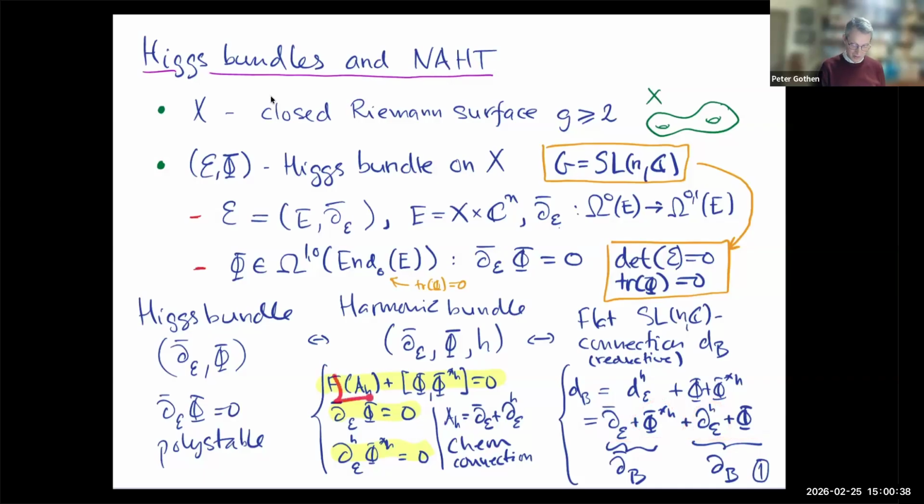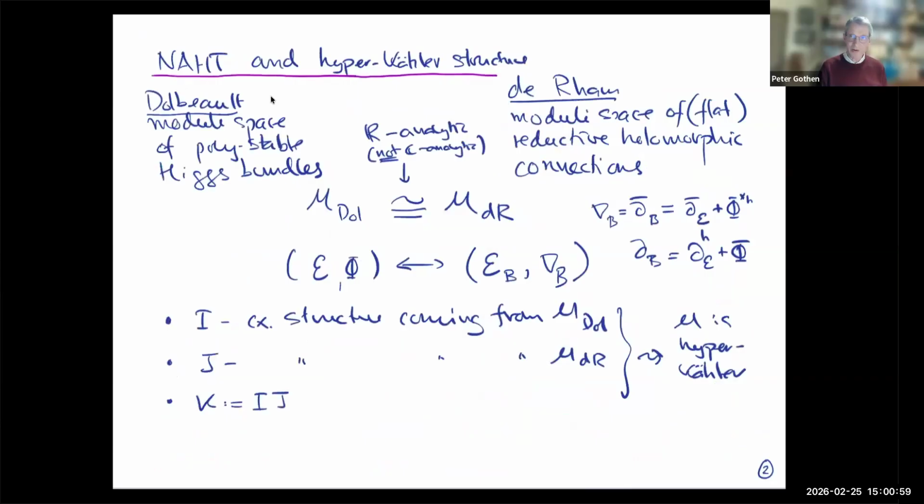So this Hitchin equation basically tells us that this connection is flat. Okay, and the other half of the theorem is then that this construction can be inverted. If you have a flat connection, which must be reductive, you can also find a harmonic metric, and then you can get back a polystable Higgs bundle. Okay, so that's the non-abelian Hodge theorem.